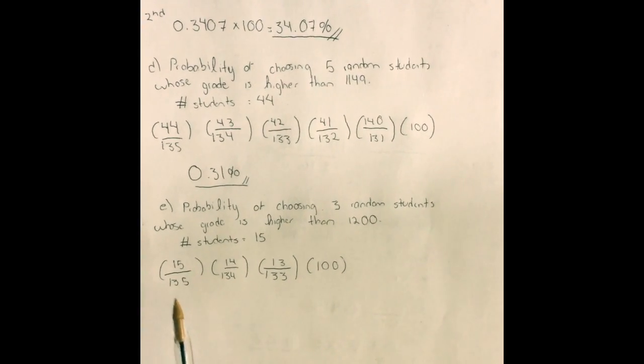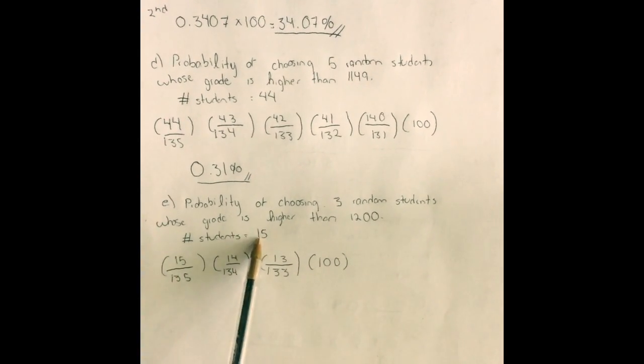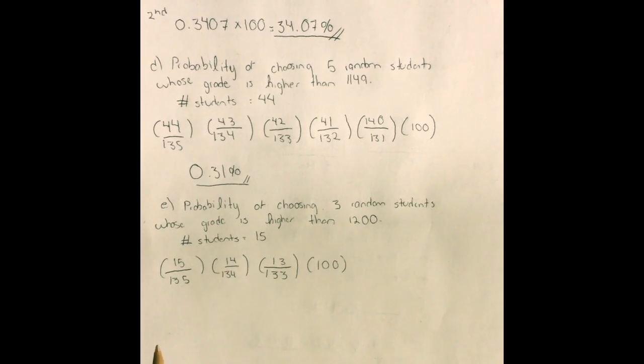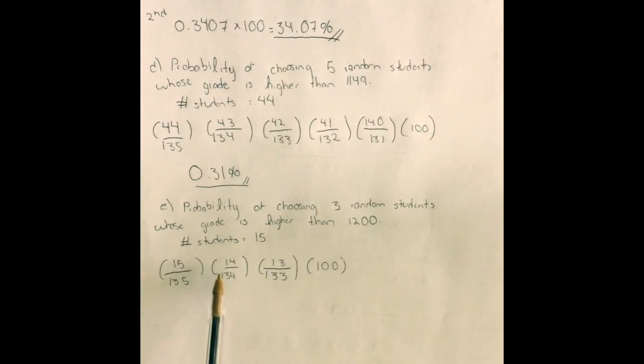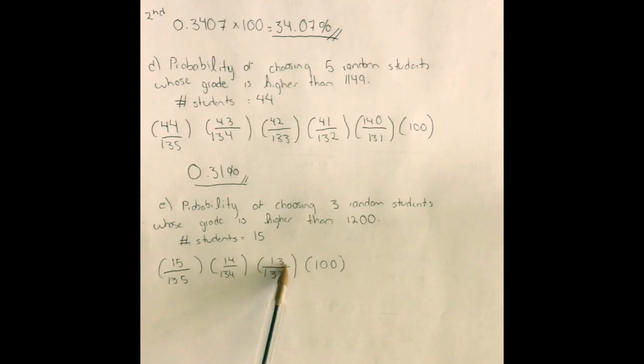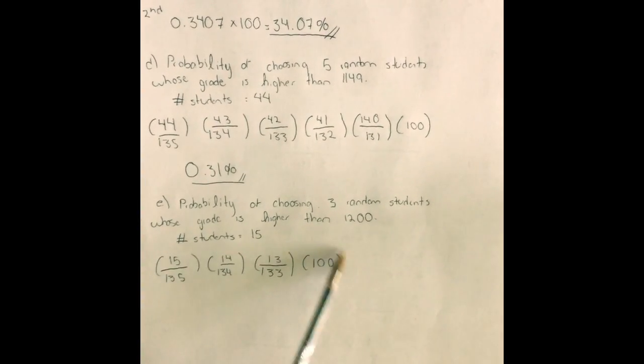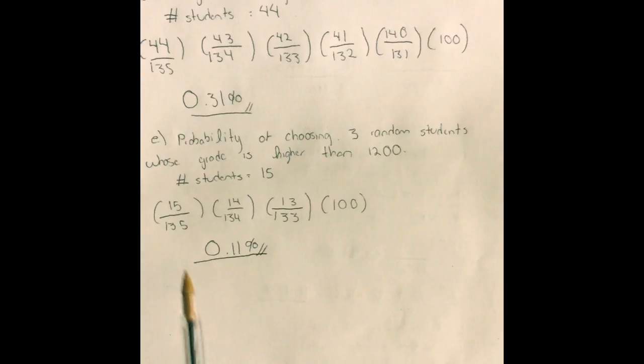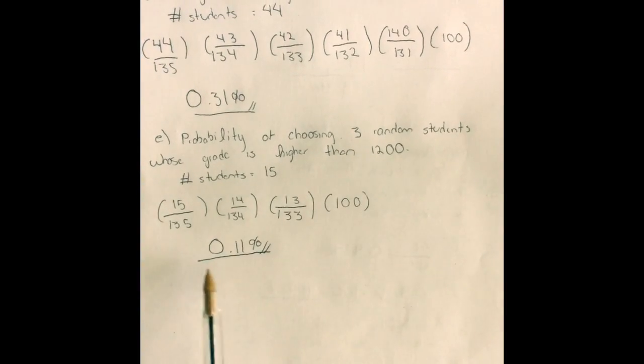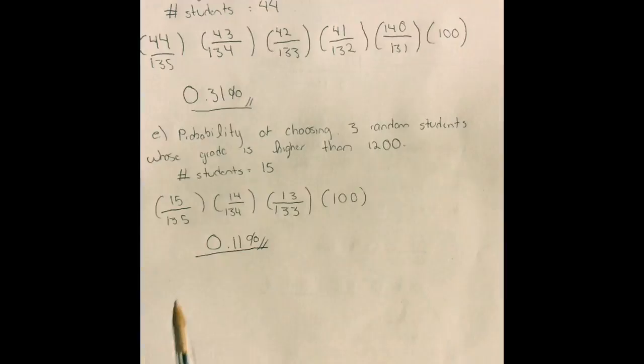Again, 15 over 135 represents the whole number of students over the whole universe. Then we subtract another student, and we do so over the whole operation. We multiply it by 100 in order to obtain the resulting percentage. So 0.11% is going to be our answer and our result.